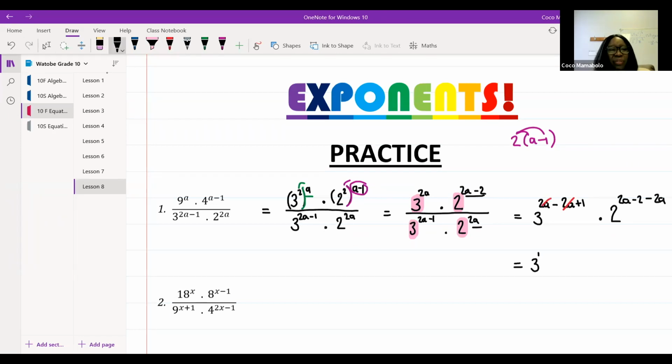It's not necessary for you to write the 1. It just puts me at ease. So I put it there, multiplied by, over here, 2a minus 2a will give me 0, and I will have 2 to the power of negative 2.